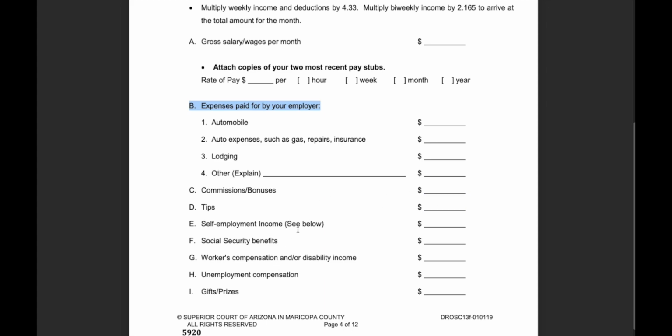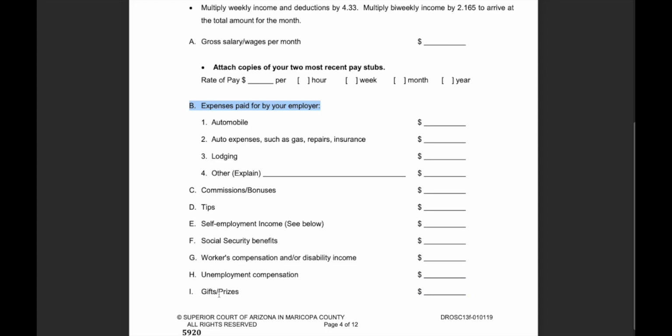Self-employment income, there's going to be a section down below. Social Security benefits, it usually applies to older couples and what you receive each month. Workers' compensation and disability income, same thing. Unemployment compensation, we don't see this quite often, but if you are receiving unemployment, please indicate an asterisk for this amount.